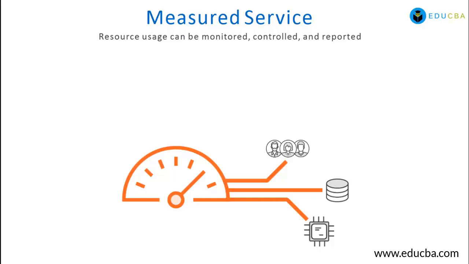That's why, as they say, there is no capital expenditure in the cloud computing model, and there is only what is called operational expenditure. That is why this is measured services. Whatever you use, and for however long you use it, you only pay for that. Let's suppose you provisioned a server, a virtual machine, and you run it for maybe 5 days.